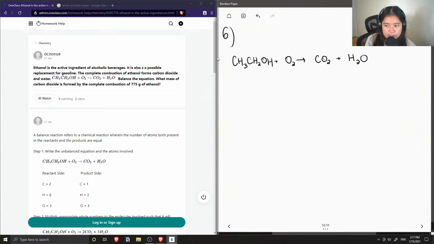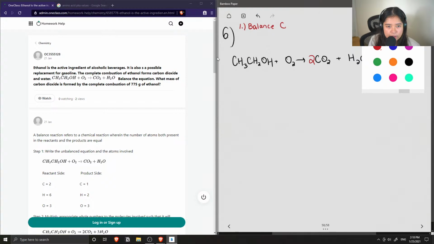Now we need to balance this combustion reaction, and it's easy when you balance out your carbons first. So step 1 is to balance your carbon. If we look at our reaction, you'll see that there are 2 carbons on our reactant side and only 1 on our product side. So we just need to put a coefficient of 2 in front of CO2.